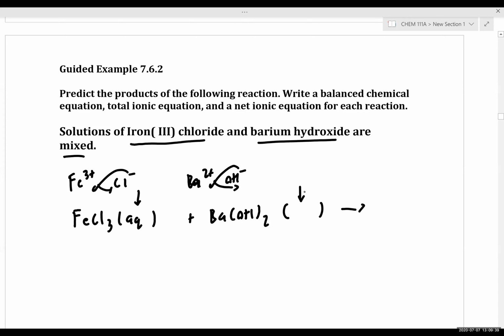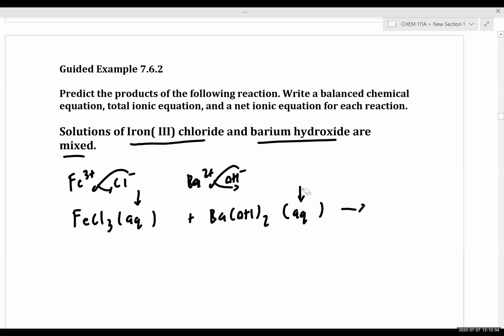Is barium one of the few exceptions? So is barium hydroxide soluble or insoluble? Soluble, yep. Barium is one of the few exceptions.